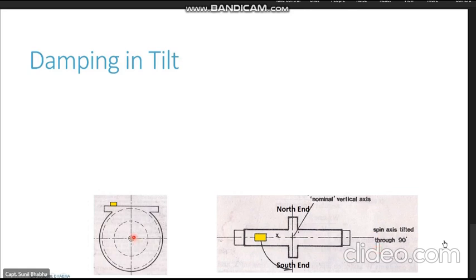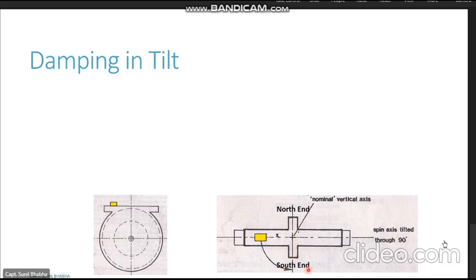The north end of the spin axis, which was initially pointing into the screen, has gone upwards and it will be now pointing vertically upwards. You see, this is pointing vertically upwards now. This is the north end of the spin axis, and the south end, which was initially pointing towards you, has tilted downwards, and you can see in this diagram the south end is tilted downwards.